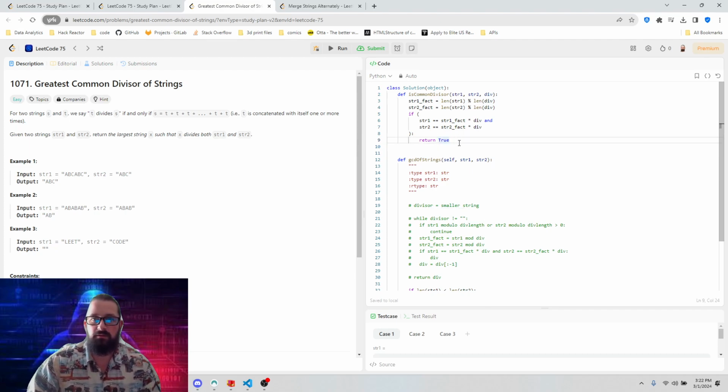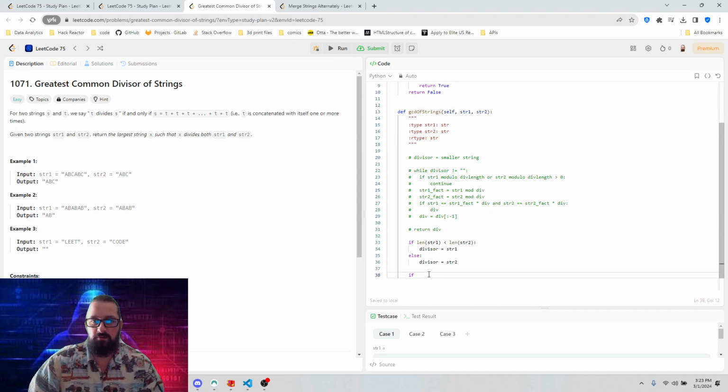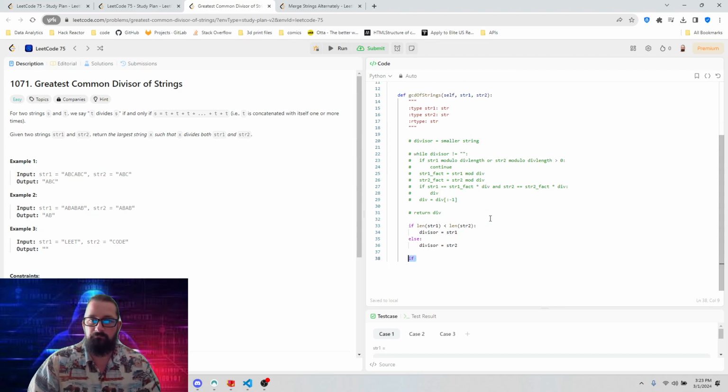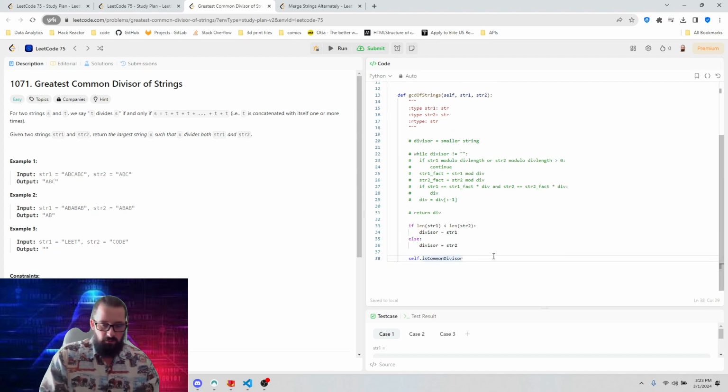Okay, so this else return false. This means I can just run this now and see if the first one is a factor. So is common divisor, this is going to be self dot because it's in a class. Is common divisor, and we're going to do string 1, string 2, and div.